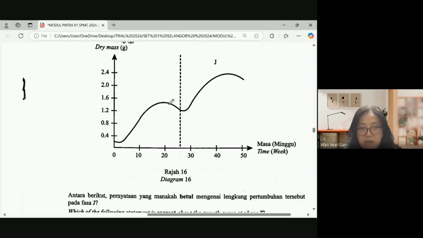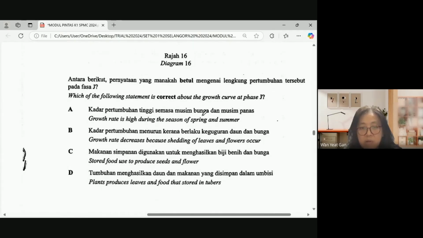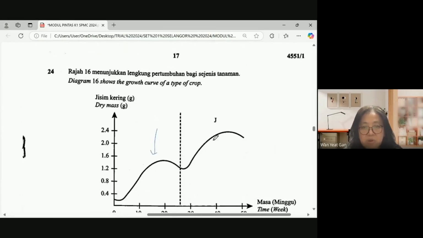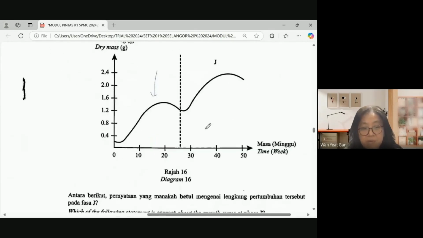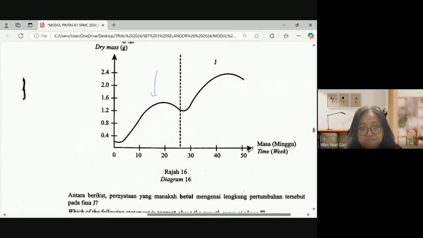The first year, they will grow their vegetative part, and in the second year, they will grow fruits, flower, and seeds. So the plant will produce fruits in the second year, and then after that, the plant will die. So the stored food is used to produce seeds and flowers in the second year.